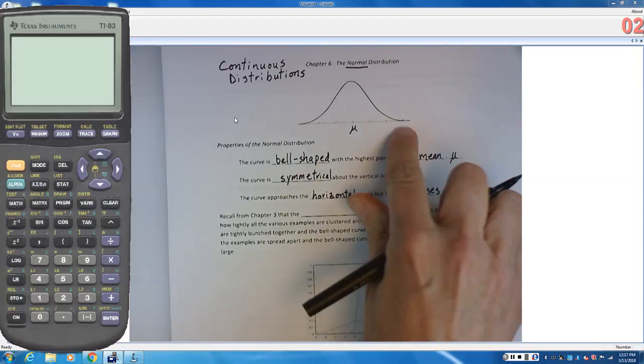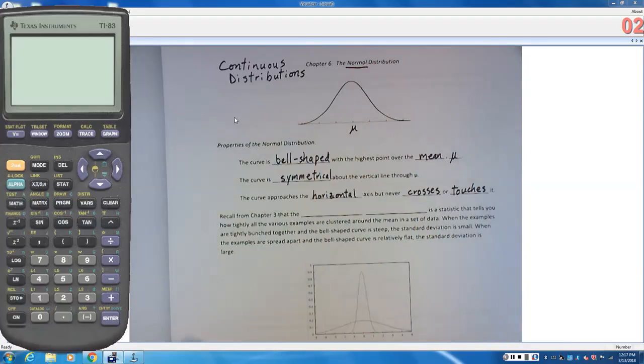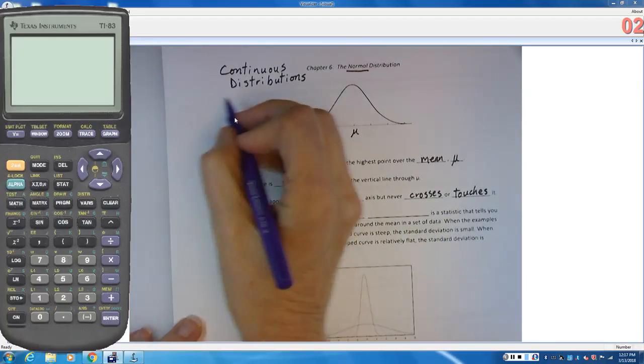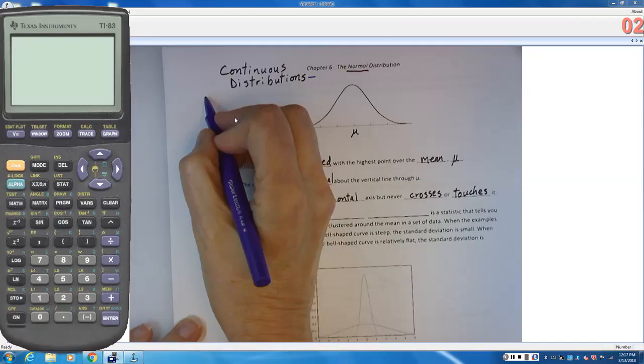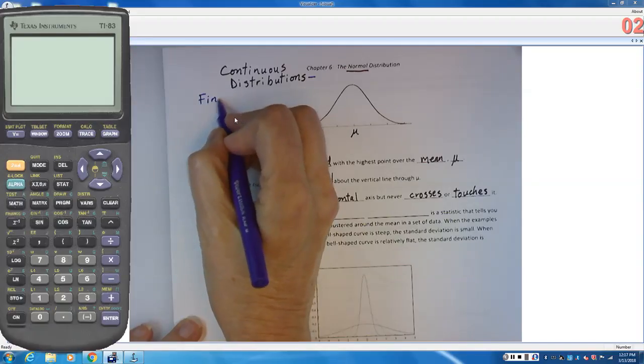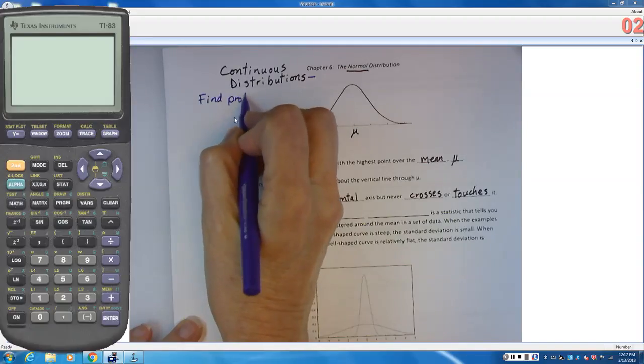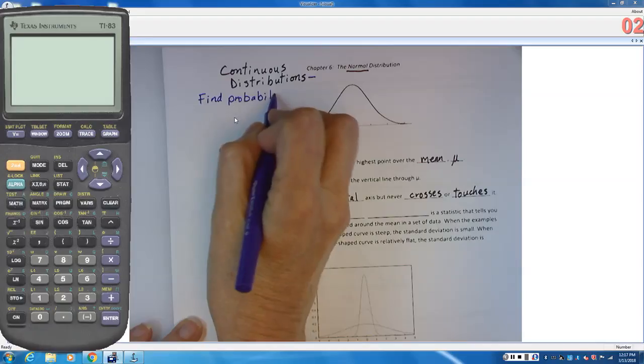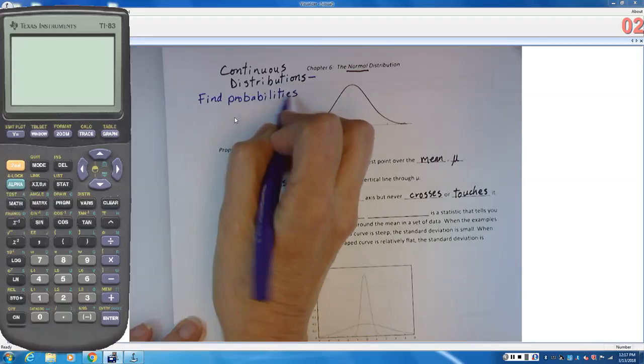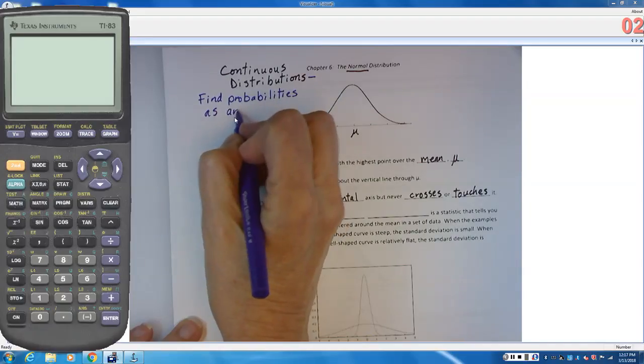It's showing like it's touching here, but it's really not. It's getting closer and closer and closer, but it doesn't touch it. And we find probabilities with continuous distributions as areas under the curve.